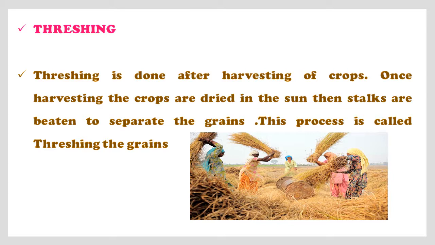In olden days, threshing was done by hand, but cattle help to do this job quickly. And nowadays, threshing machines are also used to separate large quantities of grains at a time. One of these machines is a combine harvester.